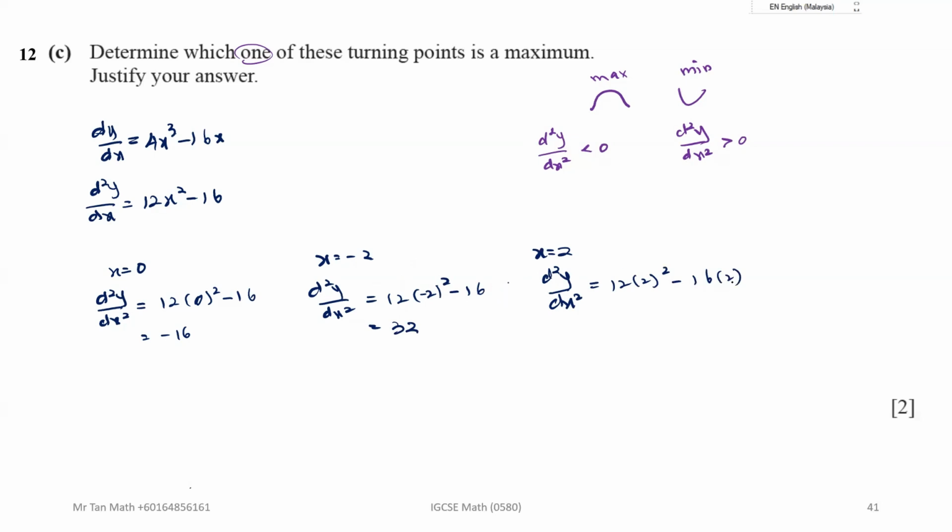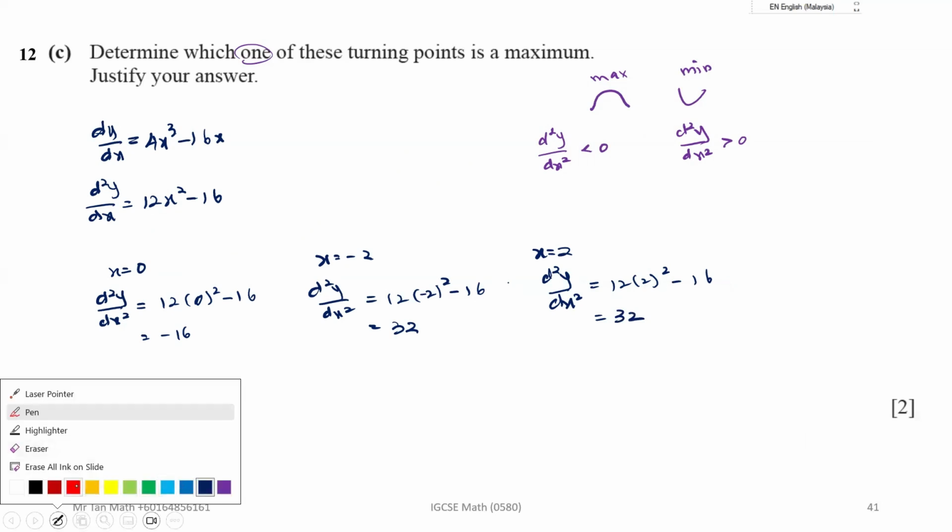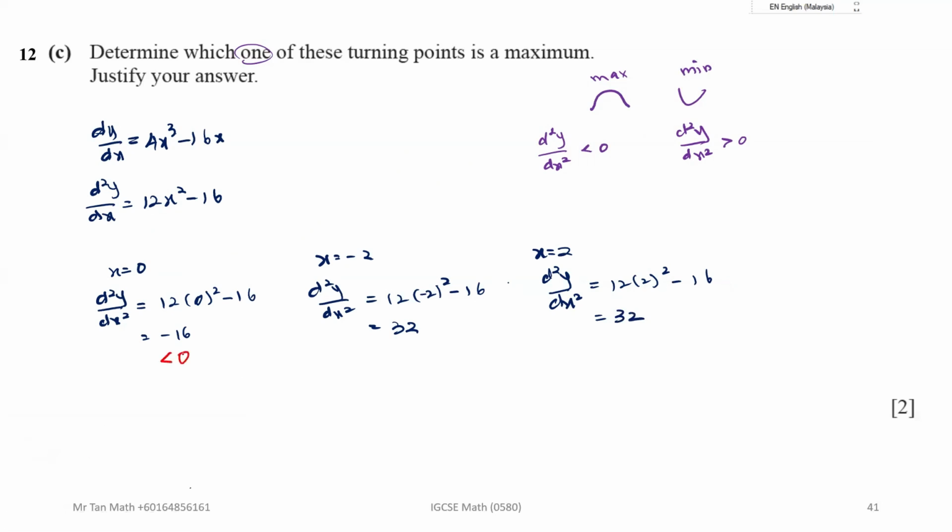You still get 32. So you look closely. This is less than 0. This is more than 0. This is more than 0. Therefore, the maximum point is 0, 5.